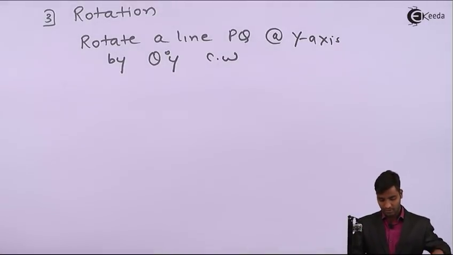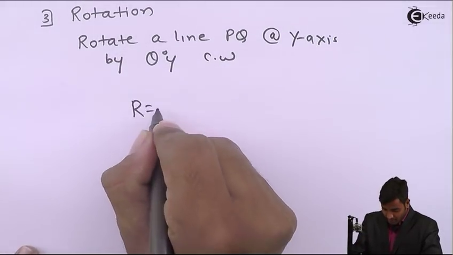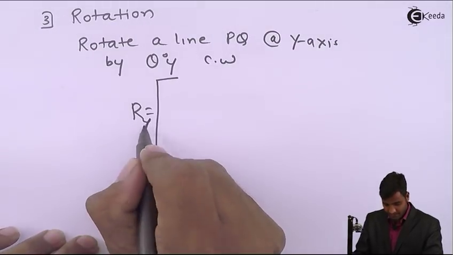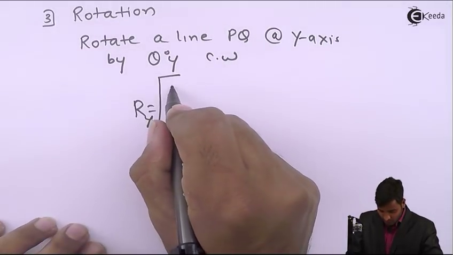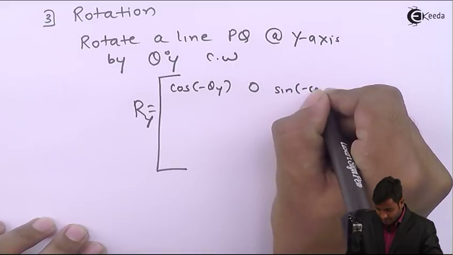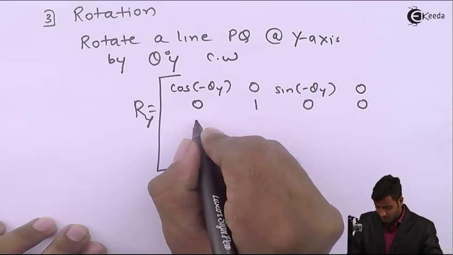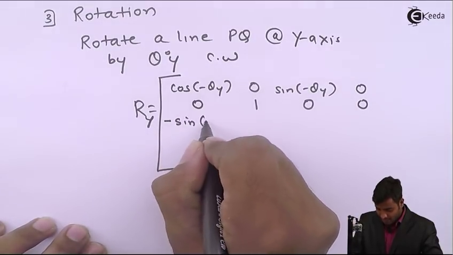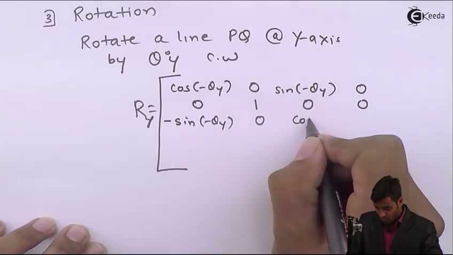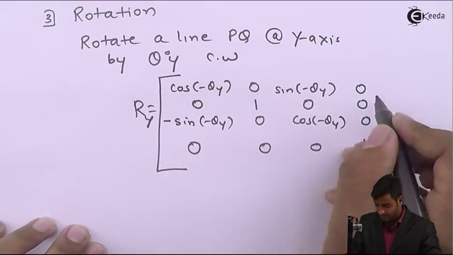So now we will write the standard matrices for rotation about y axis, which is R about y equal to cos minus theta y, 0, sin minus theta y, 0; 0, 1, 0, 0; minus sin minus theta y, 0, cos minus theta y, 0; 0, 0, 0, 1.